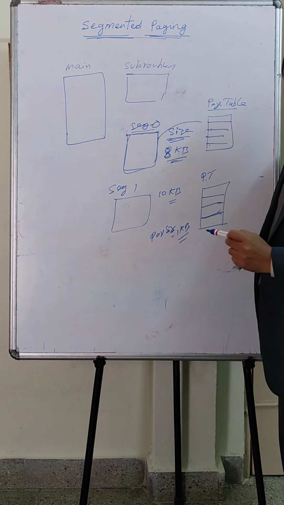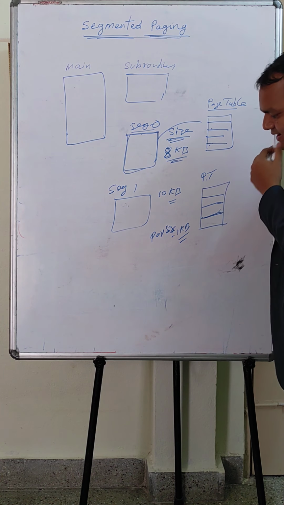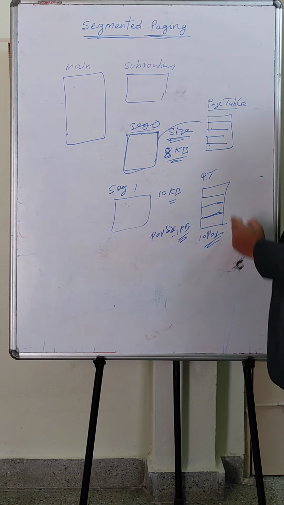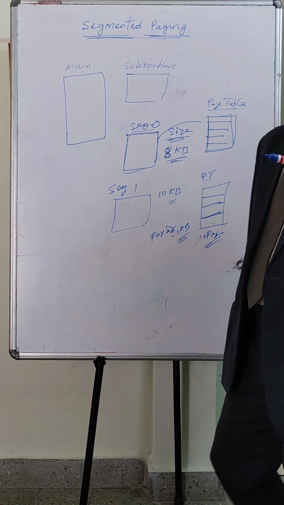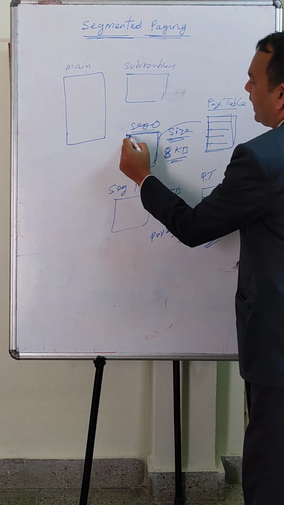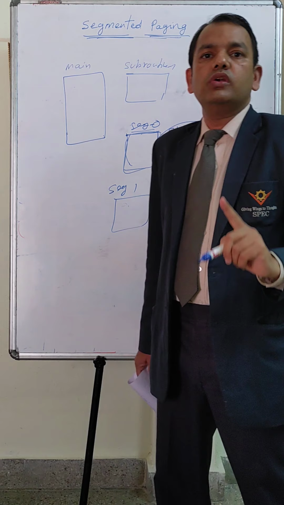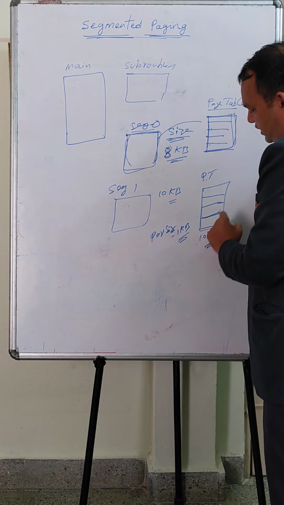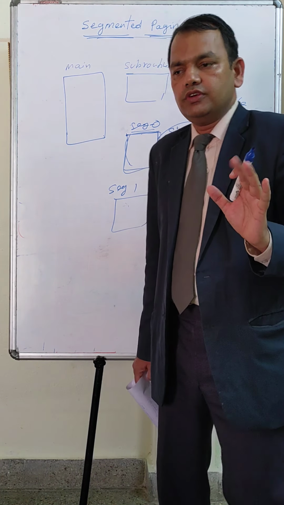This segment is divided into 8 pages, whereas segment 1 is divided into 10 pages. Now each segment has its own page table, and segment 0 and its page table are both stored in main memory. Segment 1 and its page table are both stored in main memory. Understood?